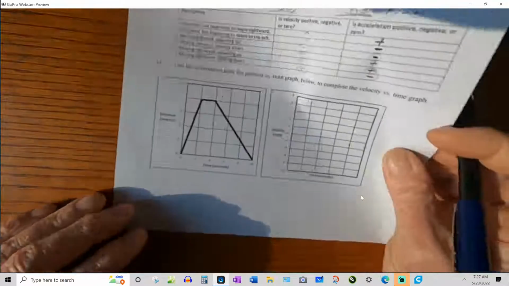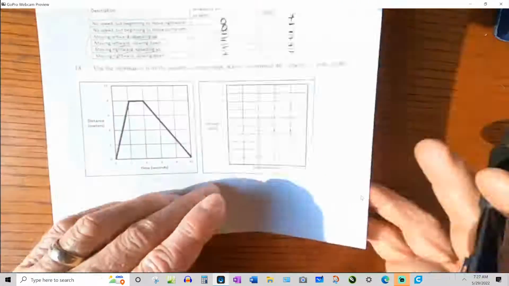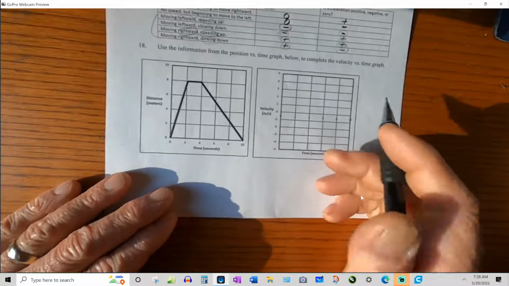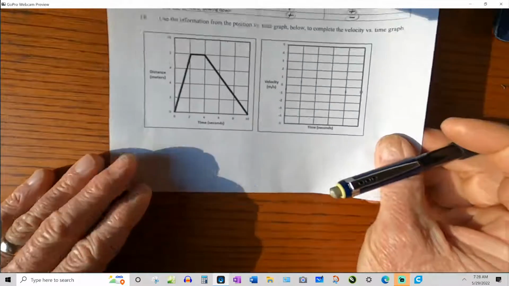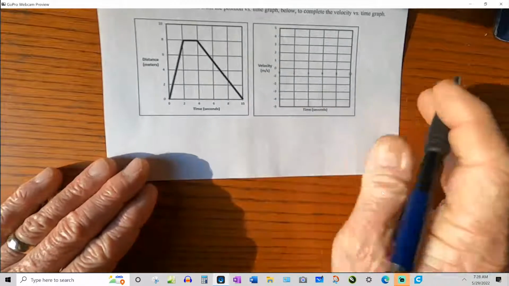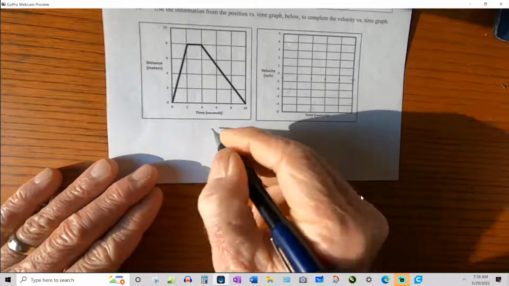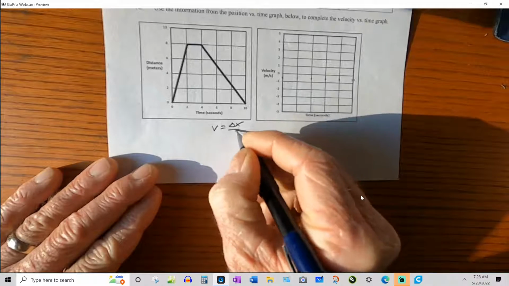I think we're about done with kinematics. So we've got to fill out this velocity versus time graph. Now, all you need for this section, really, is velocity equals displacement over time.